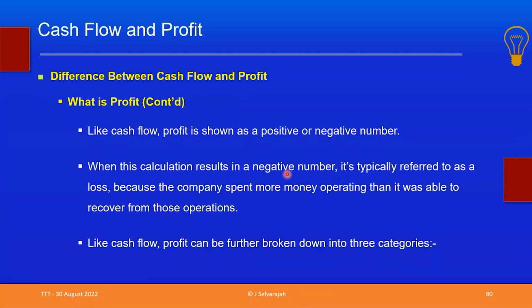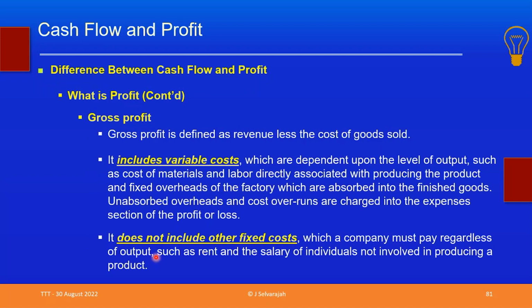So when this calculation results in a negative, it is referred to as a loss because the company spent more money operating than it was able to recover. And like cash flow, profit can also be broken down into three categories. Gross profit: this is the top line profit, revenue minus cost of goods sold. It includes variable costs. It does not include fixed costs.